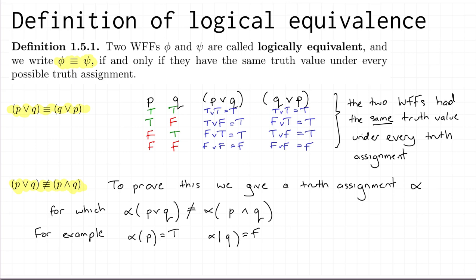So this would give an example of a truth assignment that gave different truth values to those two well-formed formulas, so they are not logically equivalent.